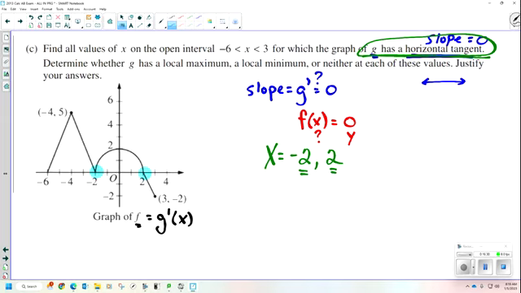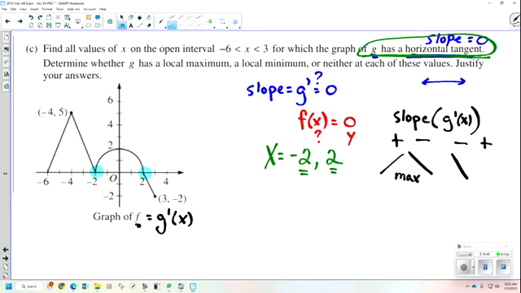If my slope, or in this case, my derivative of g, goes from positive to negative, means it goes up, then down, then I have a maximum point. If it goes from negative to positive, it would go down, then up. That would mean I have a minimum. So my value of my derivative of g has to change from positive to negative or negative to positive at either one of these points to have a min or max. If it doesn't change, then it's neither.